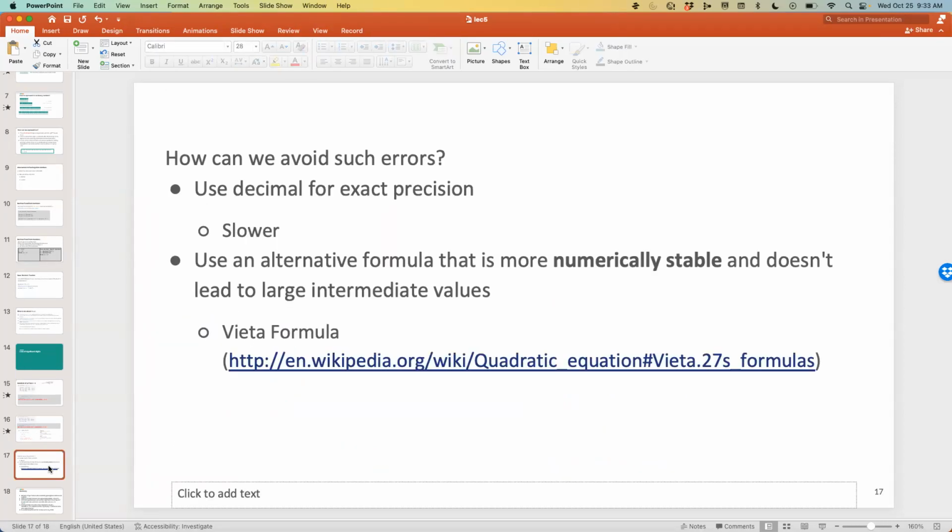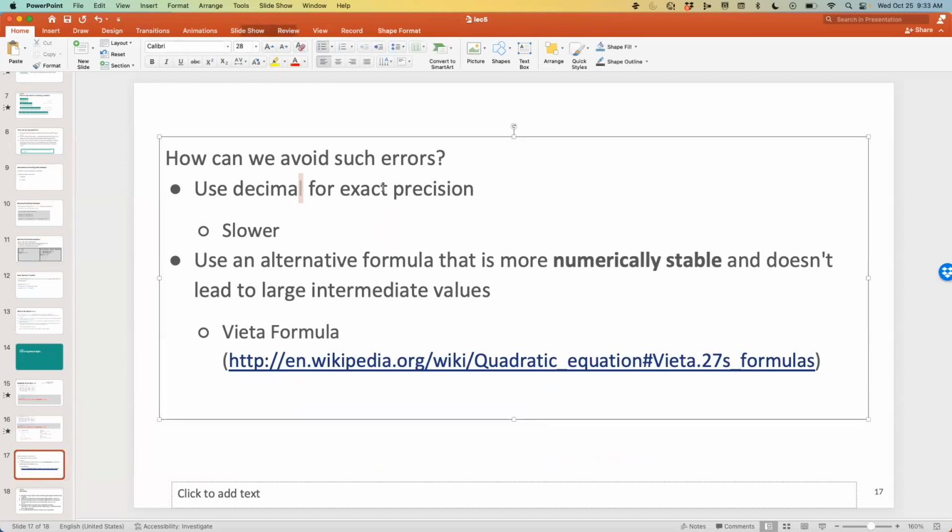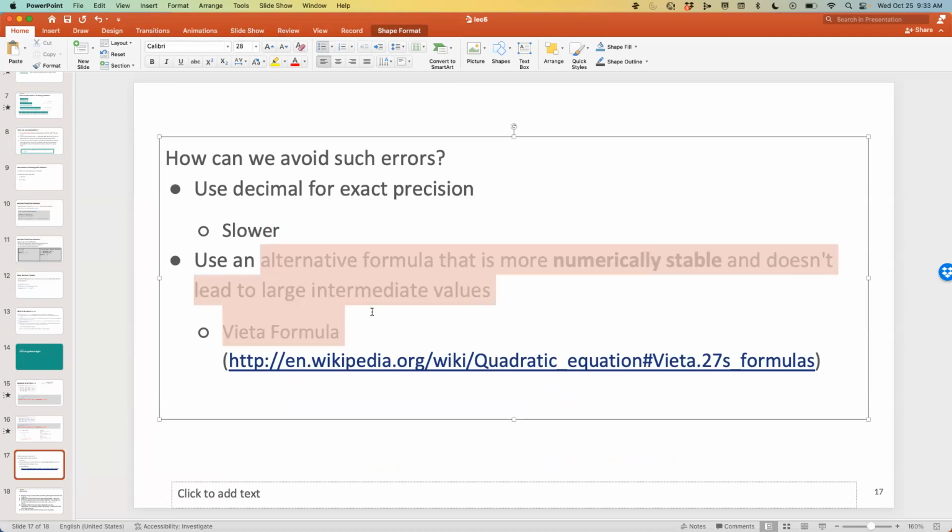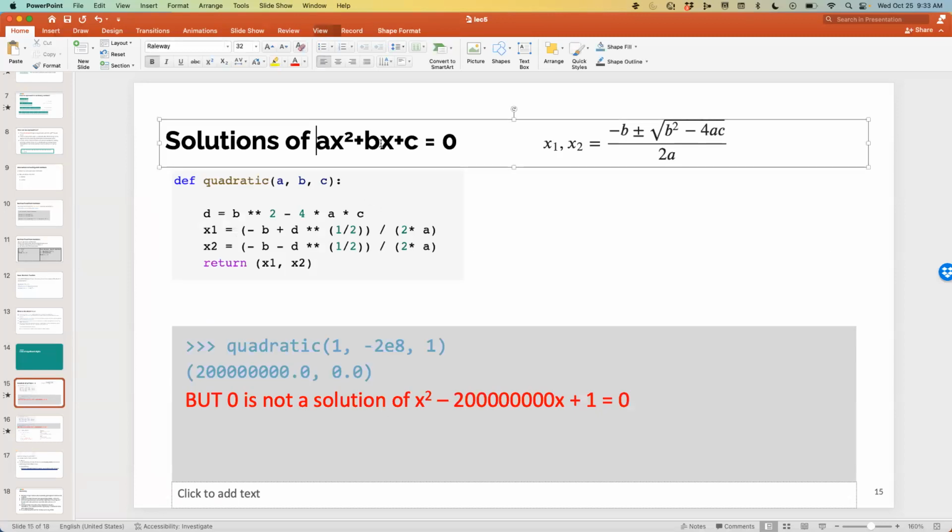So how can we avoid such an error? Again, you can use decimal for exact precision, but this is slower. However, you can also use an alternate formula. The loss of significant digit happens in calculations of the roots of quadratic equations when one root has very big numbers and the other root has very small numbers.